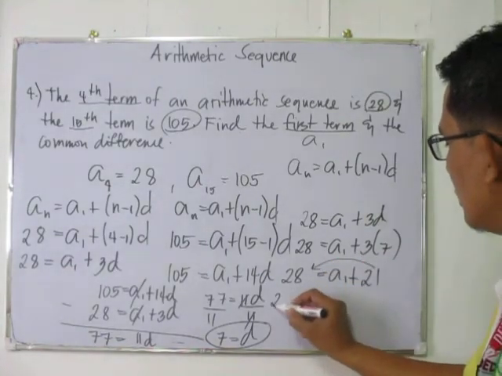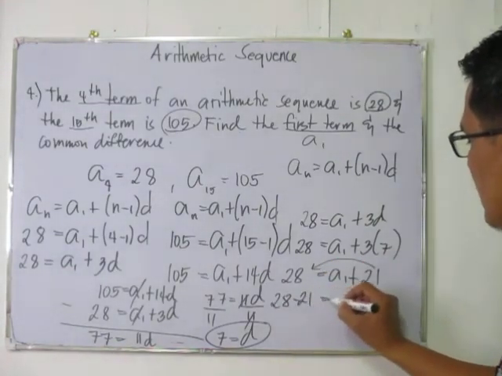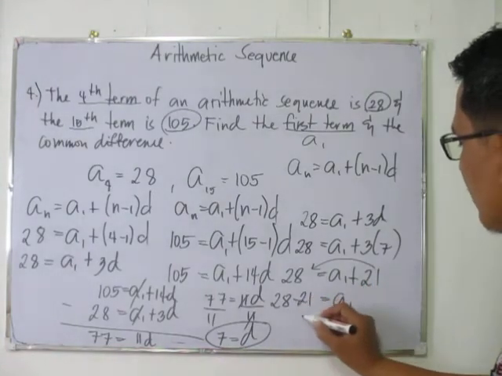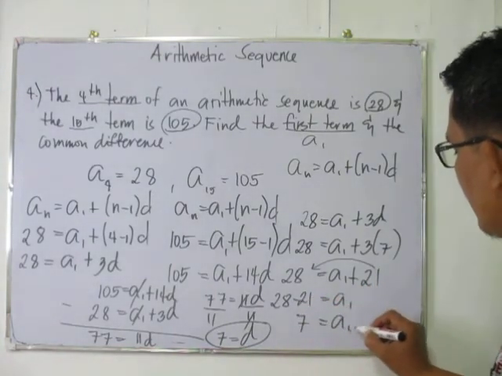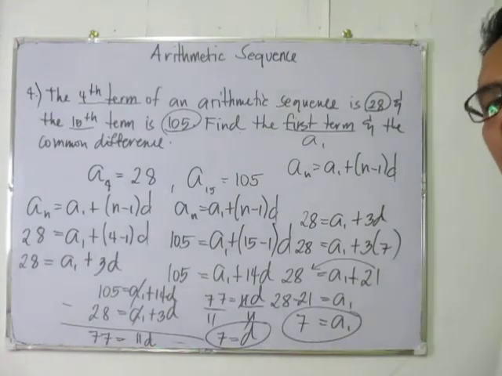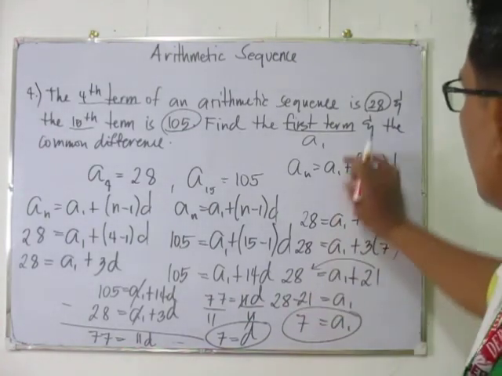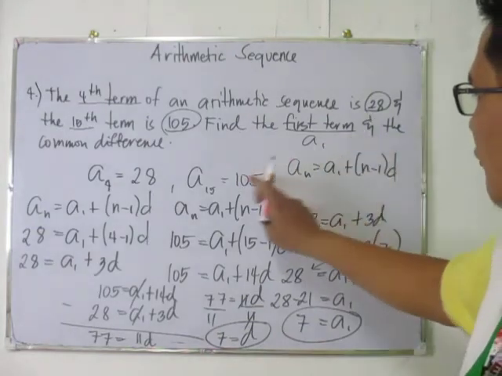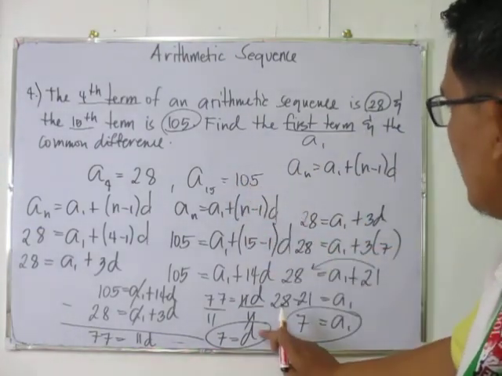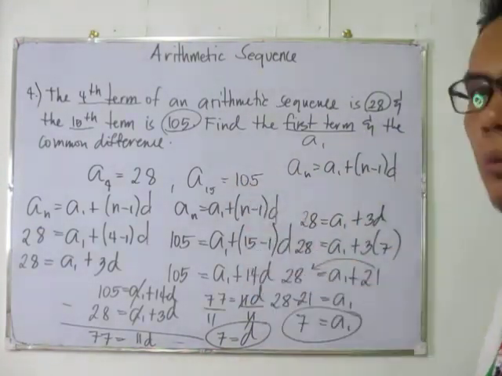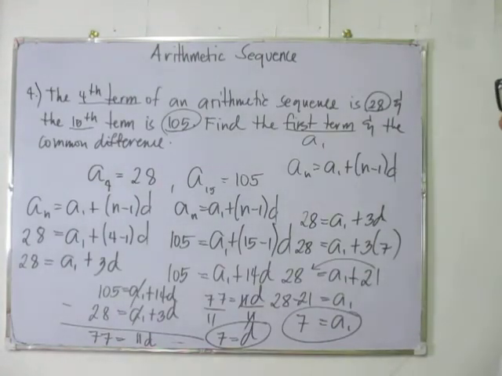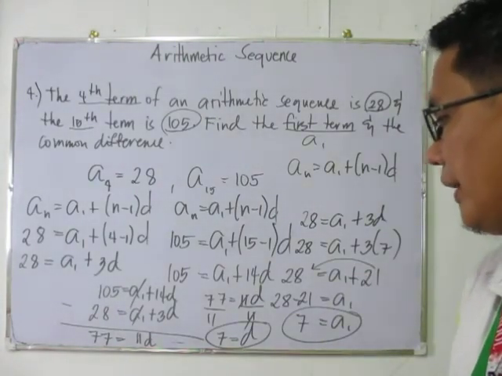Transpose: 28 minus 21 is equal to a sub 1. 28 minus 21 equals 7, and therefore that is our a sub 1. So we now have our common difference, which is 7, and our first term is also 7. If we use this formula and substitute our 15 using a common difference of 7, we can get 105. So that ends our arithmetic sequence.